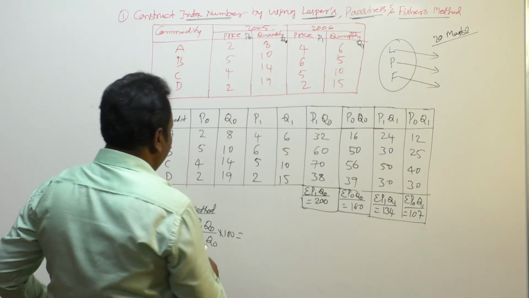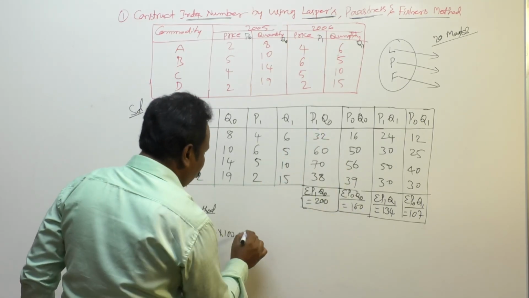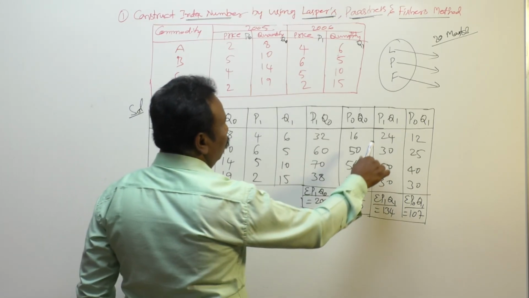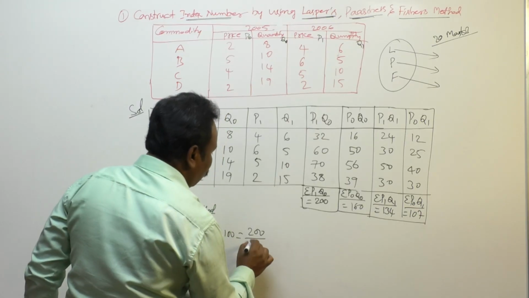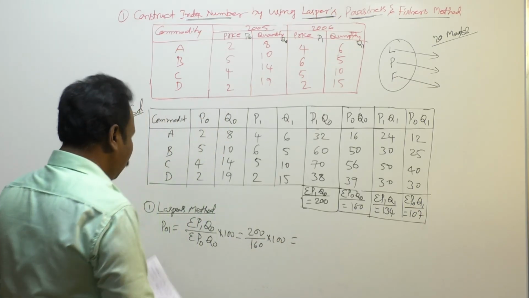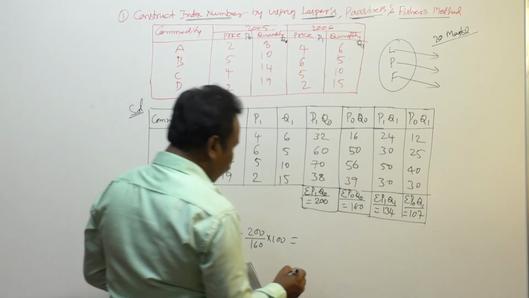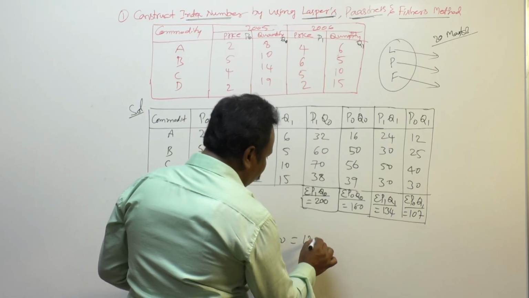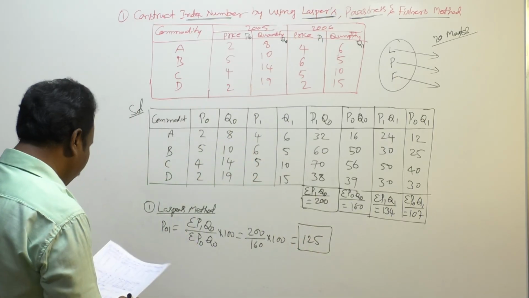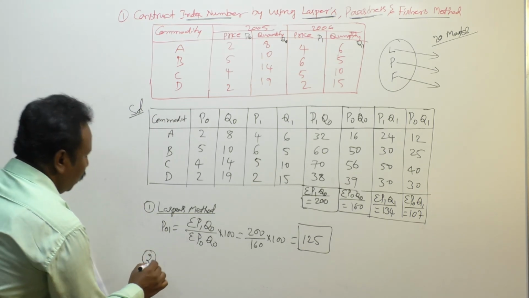Sigma P1 Q0 is 200, divided by sigma P0 Q0, 160, into 100. That is 200 divided by 160 into 100, which is 125. So 125 is the index value under Laspeyres' method. Then number 2 is Paasche's method.